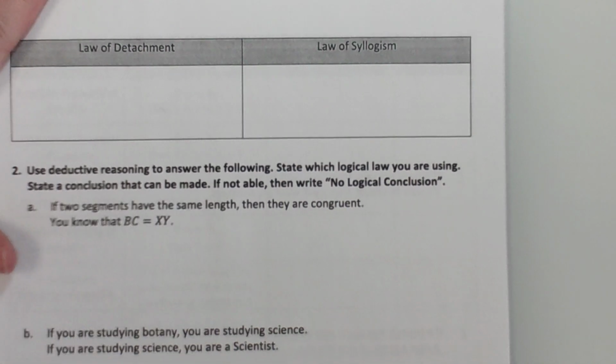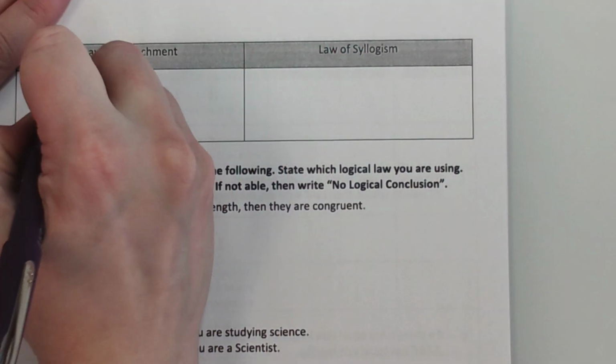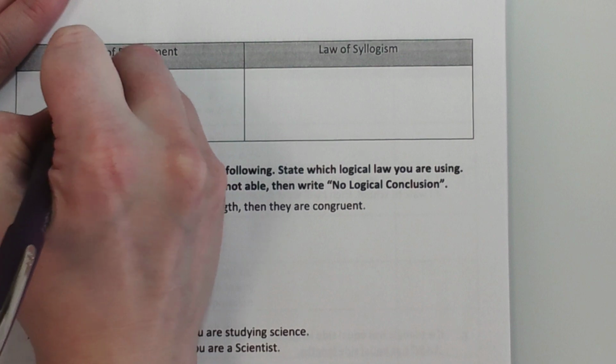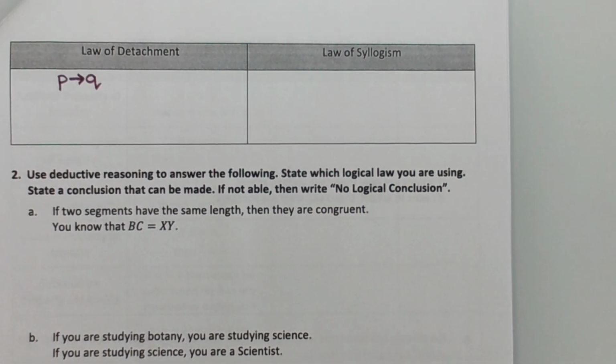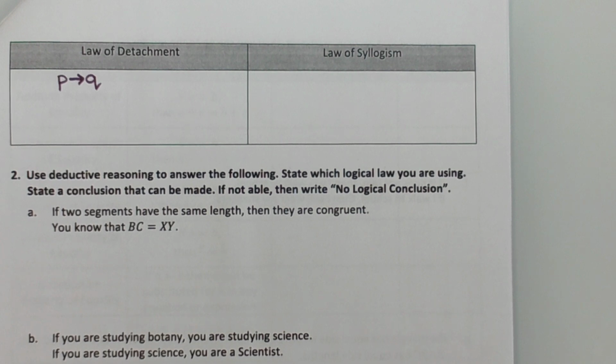The law of detachment says this: it starts with that, I should say. There's more to it. Now that is notation that we talked about before break. If P, then Q, where P and Q are placeholders for statements.